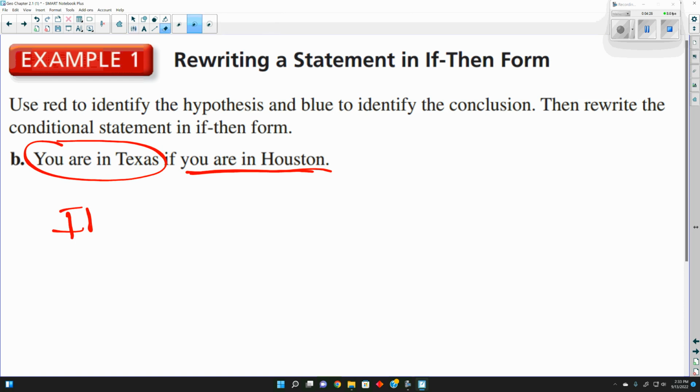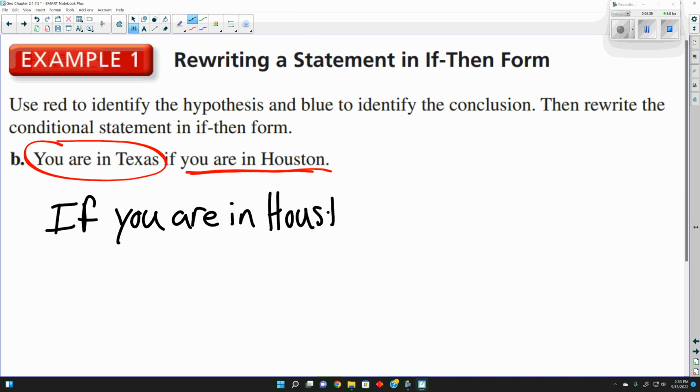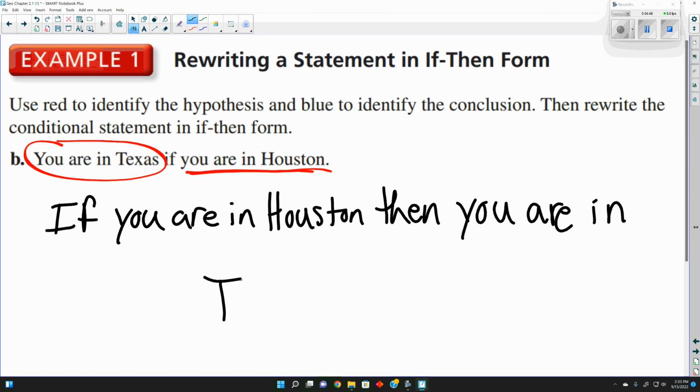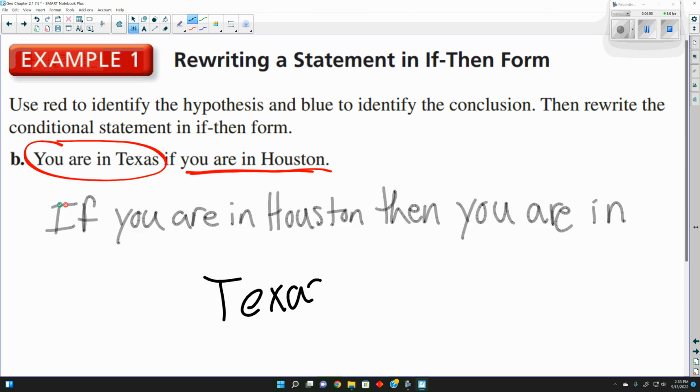Well, since we're going to be using text the whole time, might as well use this pen. If you are in Houston, then you are in Texas.